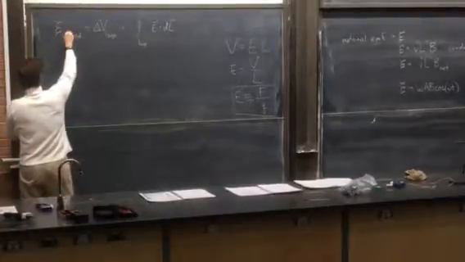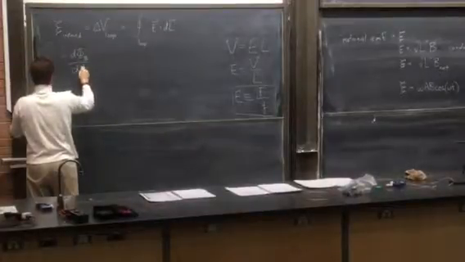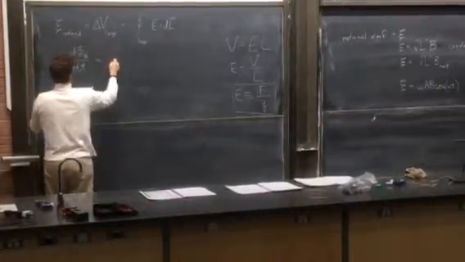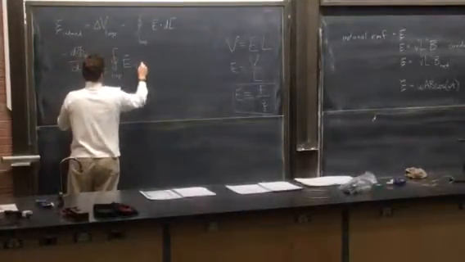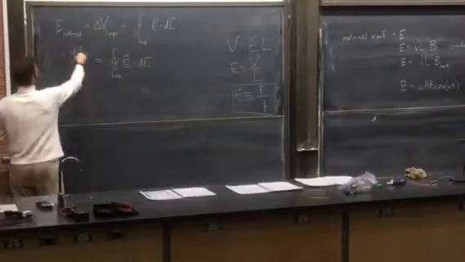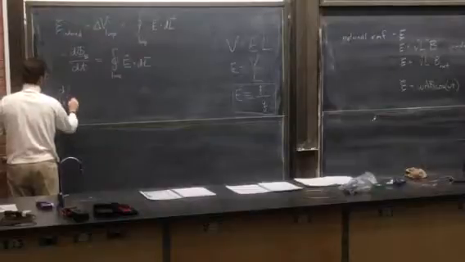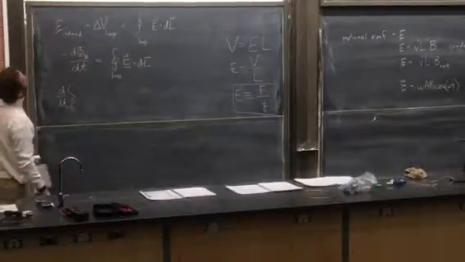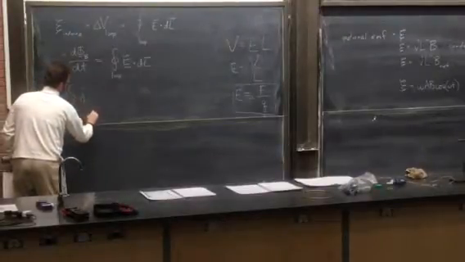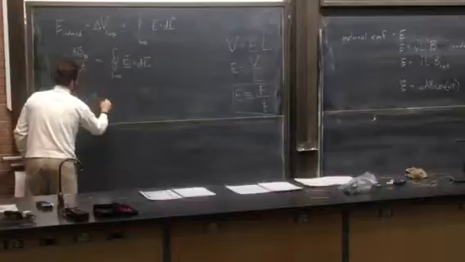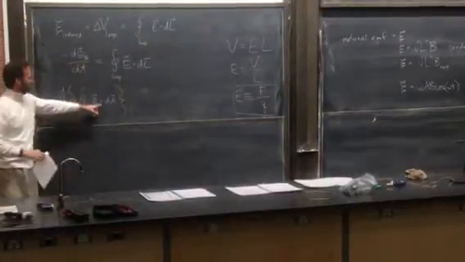So what's this through Faraday's law? The change in the magnetic flux is equal to that line integral around the loop. I'm going to write it out. What is the flux? Way at the top, flux is the surface integral of B dot dA. That's the flux.